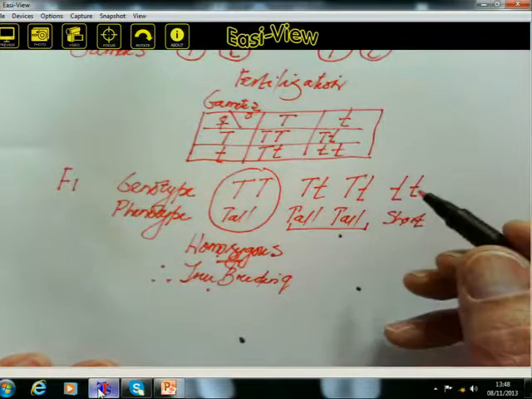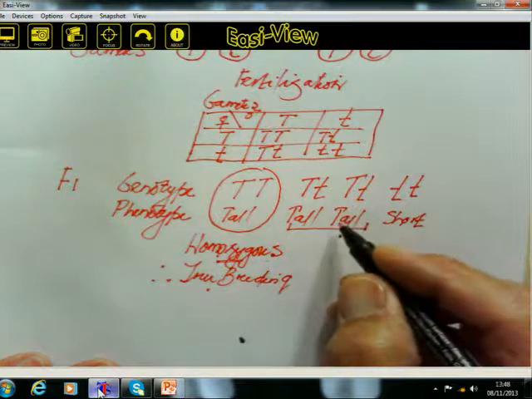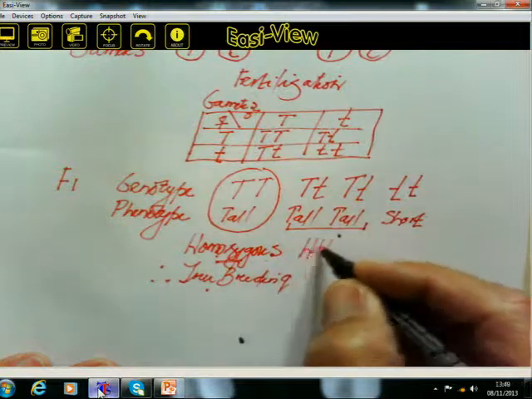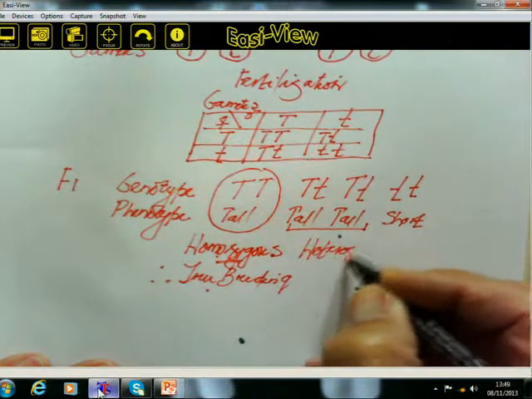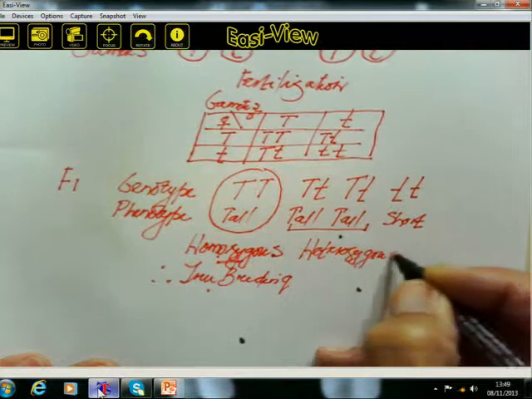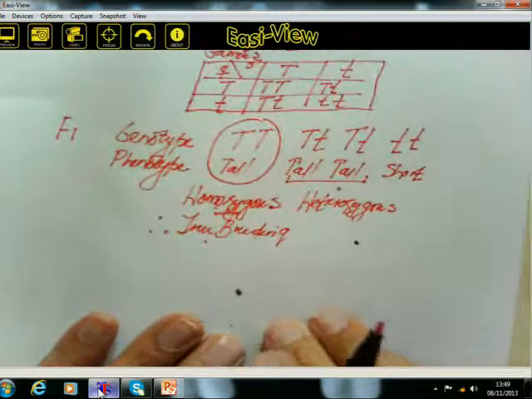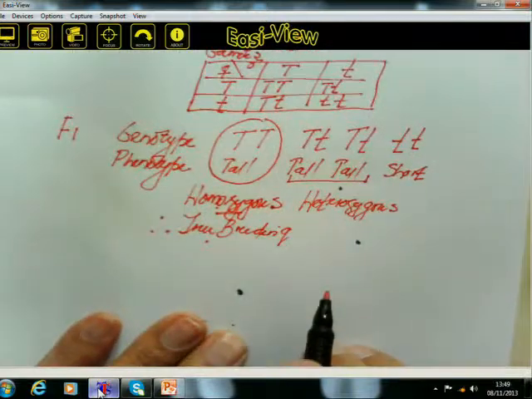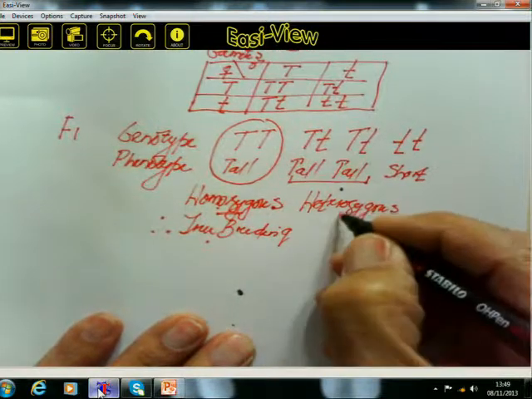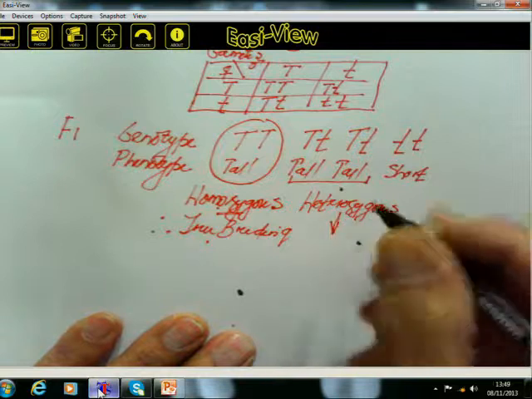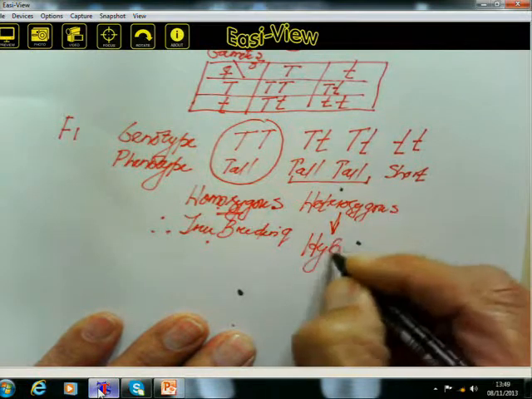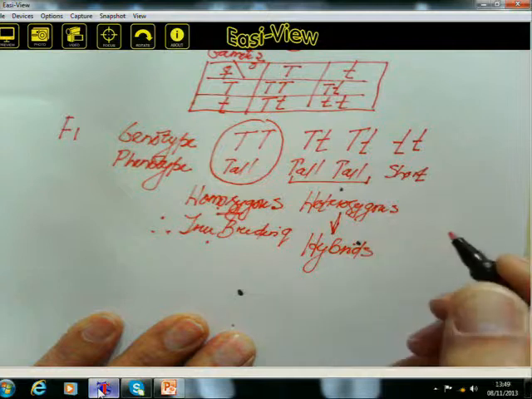So therefore, these 2 individuals are heterozygous. That's why I can't say to you that they are true breeding. These heterozygous individuals are hybrids.